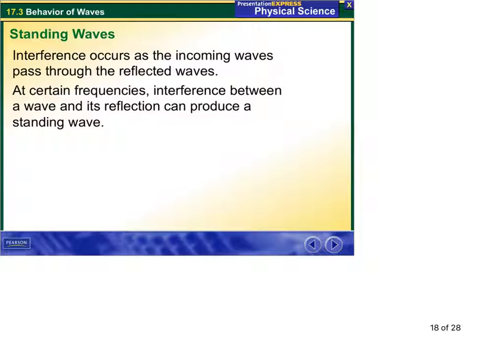Standing waves are generated when we have both interference and some reflection going on. At the right frequency, interference between that wave and its reflection can generate a standing wave.